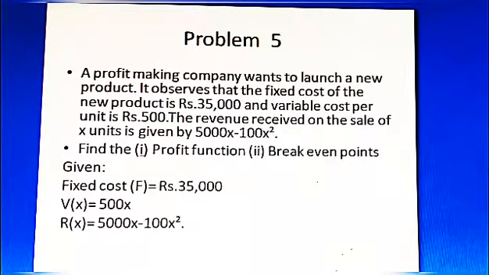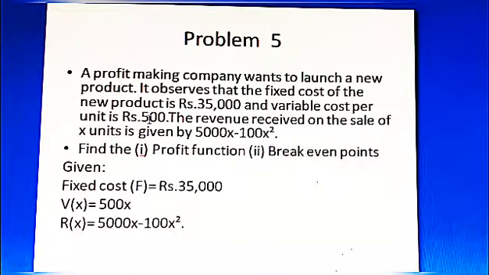Okay. Next, we will see the next problem from the same exercise 28, problem number 5. A profit-making company wants to launch a new product. Understand the question. It observes that the fixed cost of the new product is 35,000 and the variable cost per unit is 500.